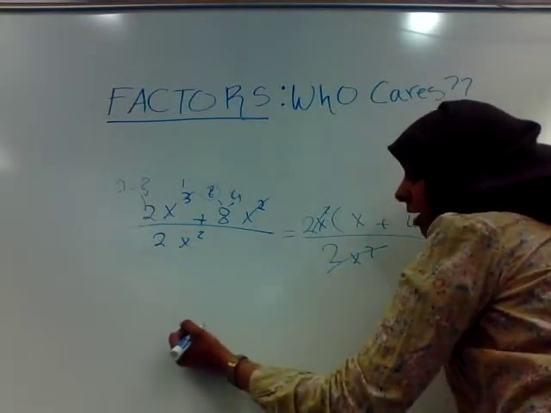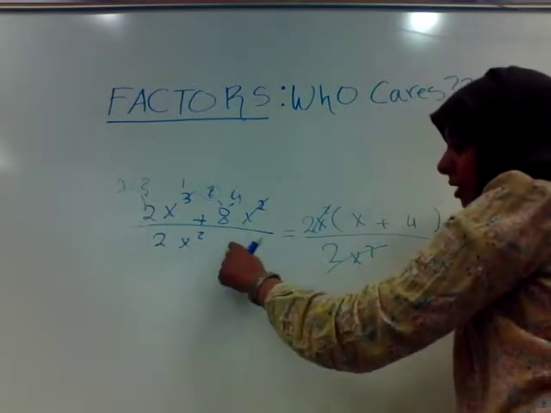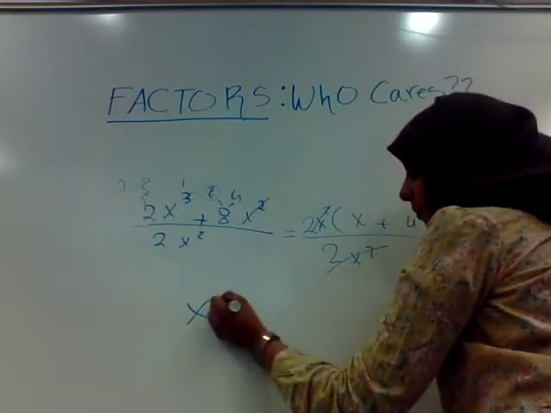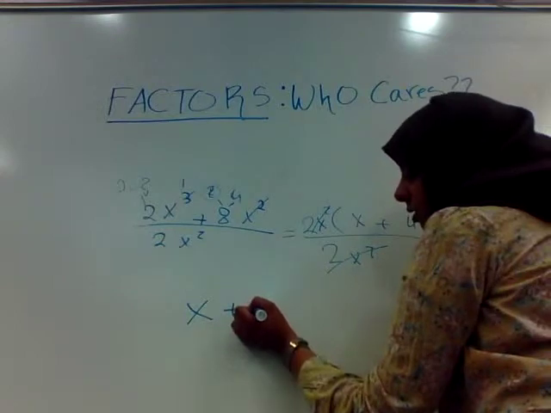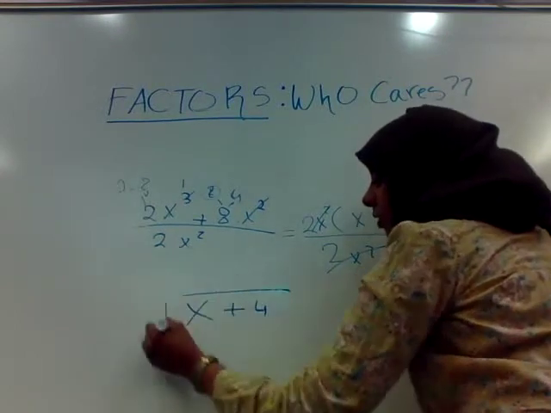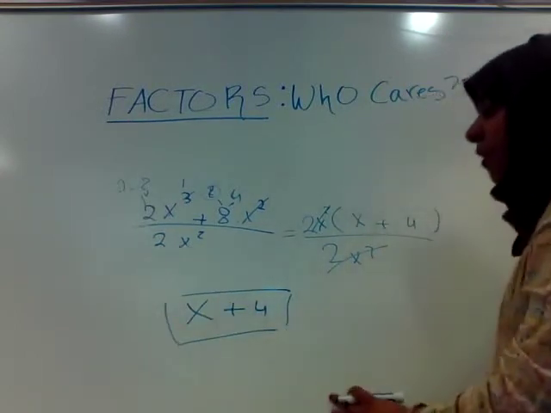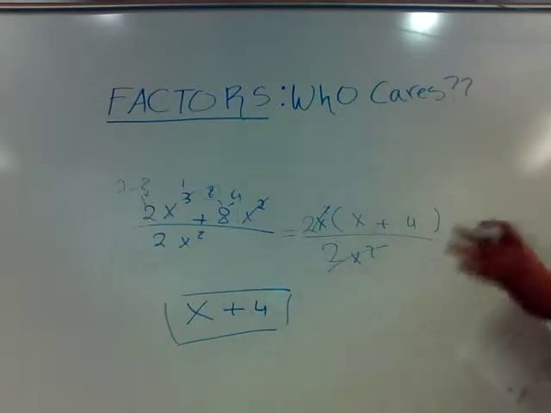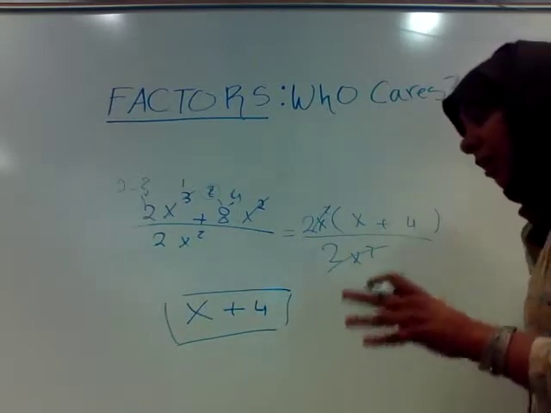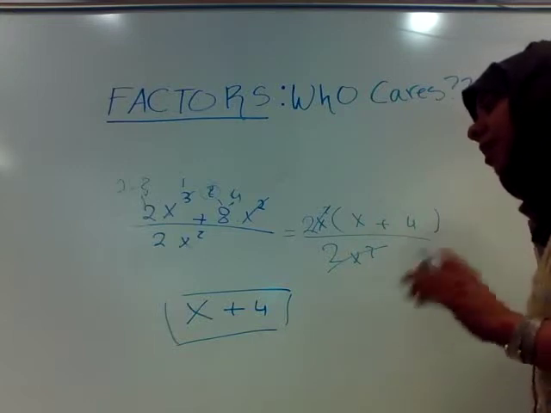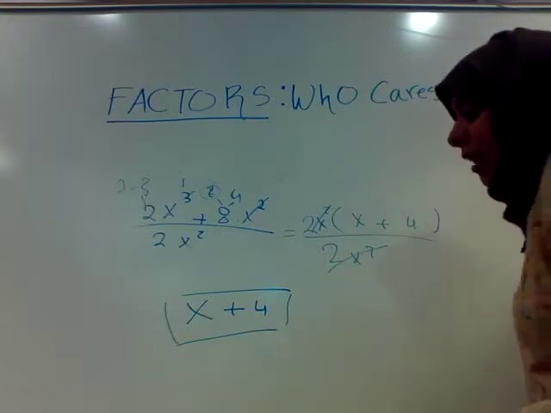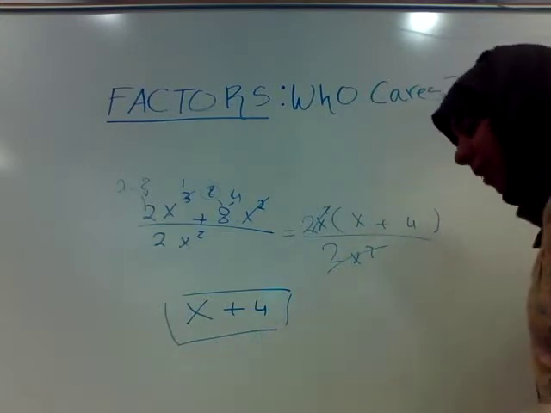So the simplified answer for this equation is x plus 4. Now we used fractions to simplify 2x cubed plus 8x squared divided by 2x squared, and the solution was x plus 4.